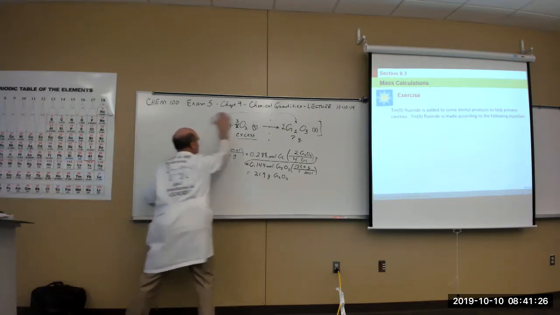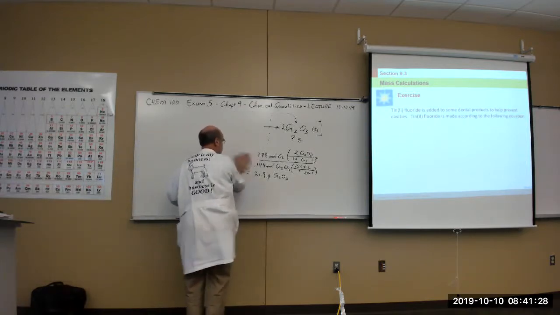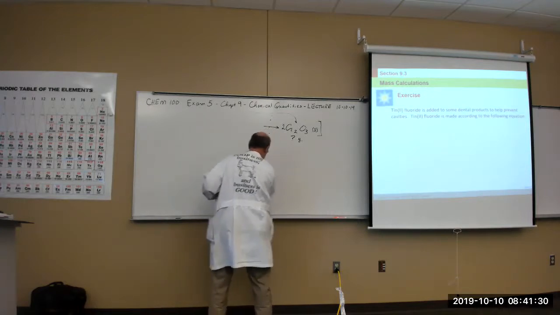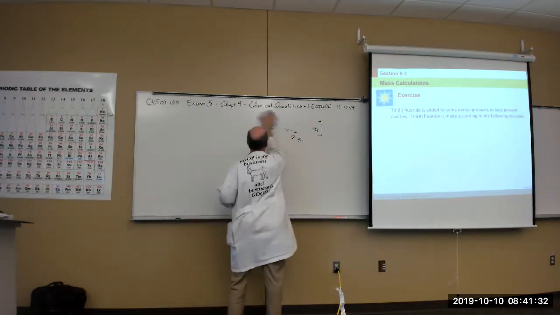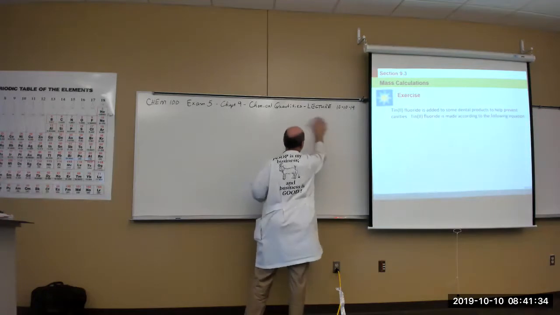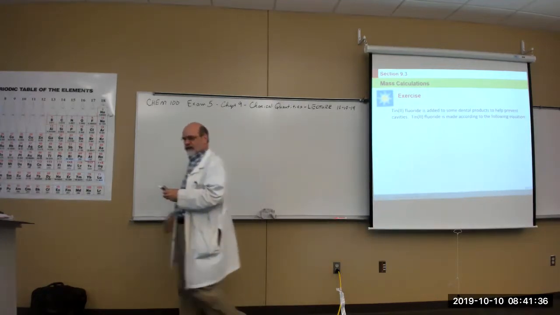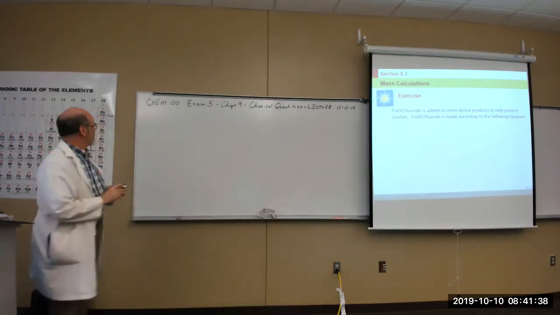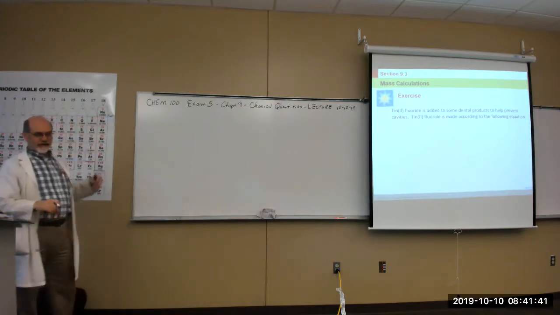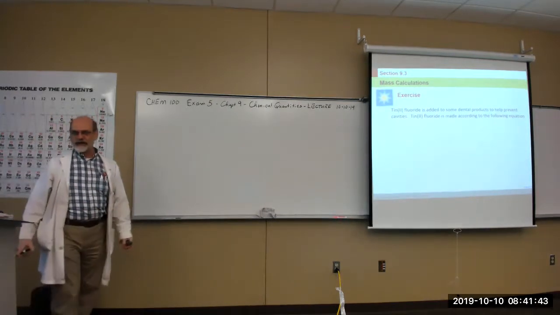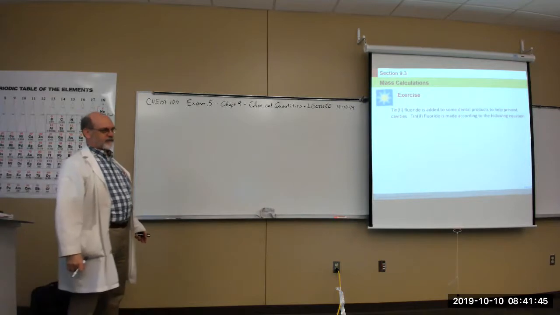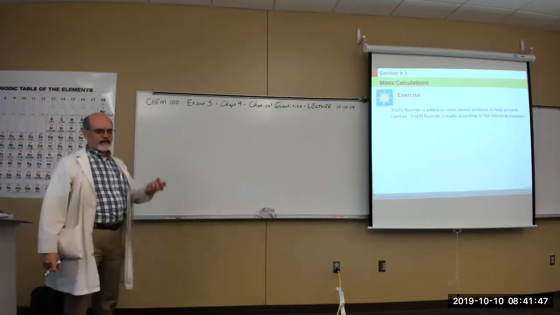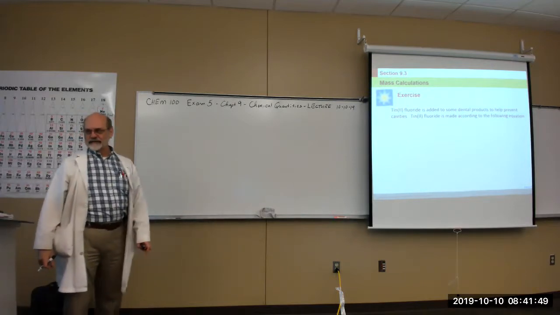Everybody knows the toothpaste has fluoride in it, right? You have to build strong enamel. How do they get it in there? They don't put pure fluorine in there because fluorine's a gas, right? So you can't do that. You can't put that in your toothpaste. Besides, it's very reactive, so you put it in there and it reacts with whatever's there.